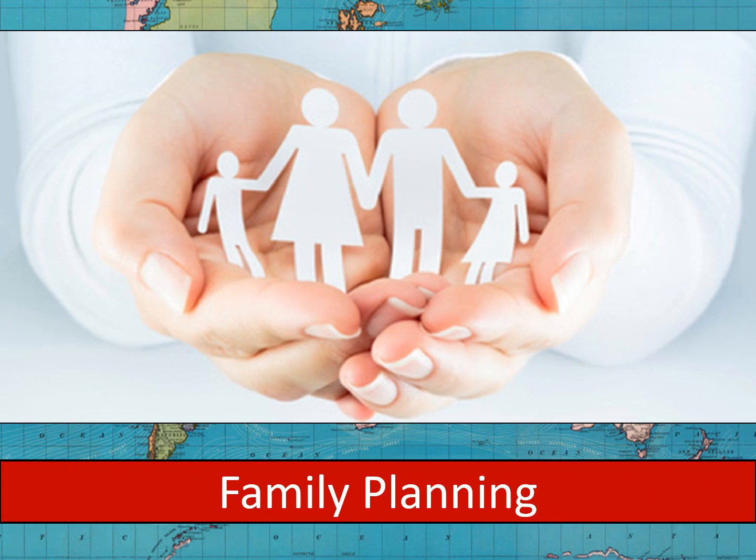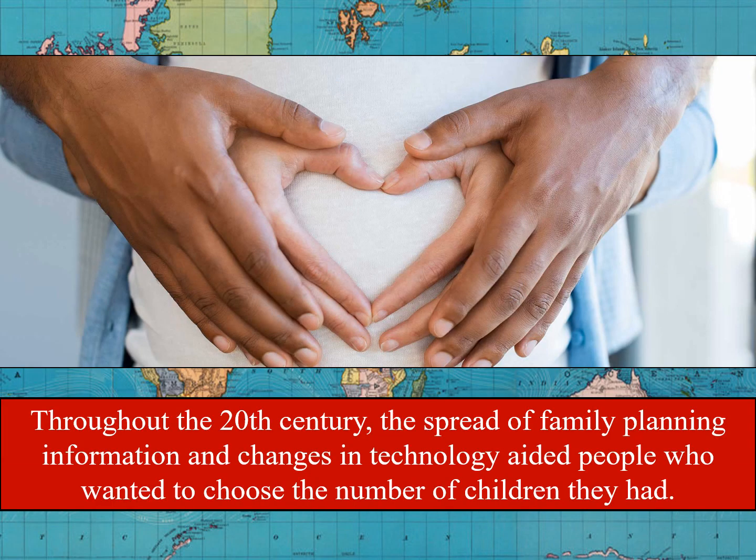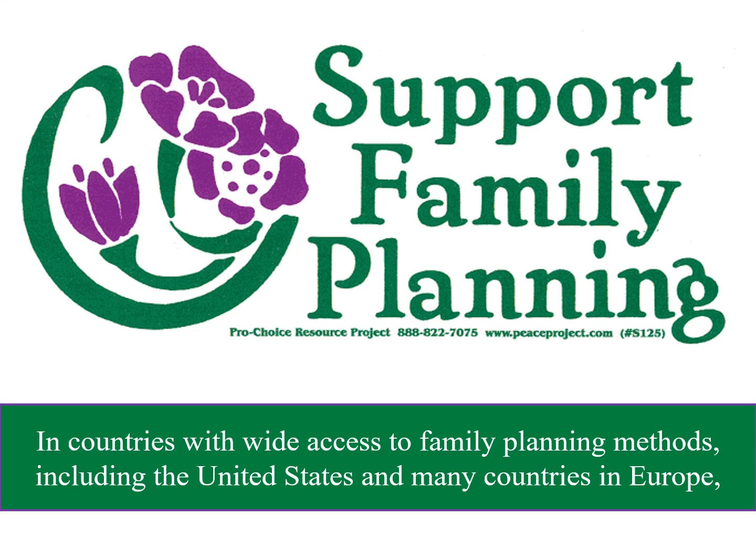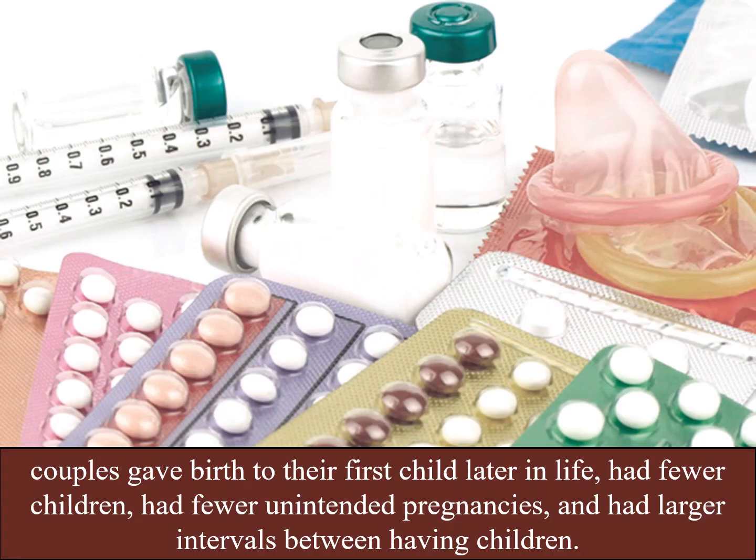Family planning. Throughout the 20th century, the spread of family planning information and changes in technology aided people who wanted to choose the number of children they had. In countries with wide access to family planning methods, including the United States and many countries in Europe, couples gave birth to their first child later in life, had fewer children, had fewer unintended pregnancies, and had larger intervals between having children.